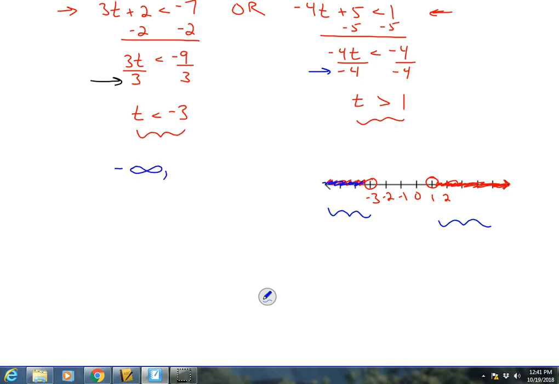And I stop shading for this one at negative 3. Both of them are going to have parentheses because infinity always has a parenthesis, and negative 3 is an open circle. Or, for the second side, the shading starts at 1 and shades all the way to positive infinity. And again, both are going to be parentheses because it's an open circle at 1.